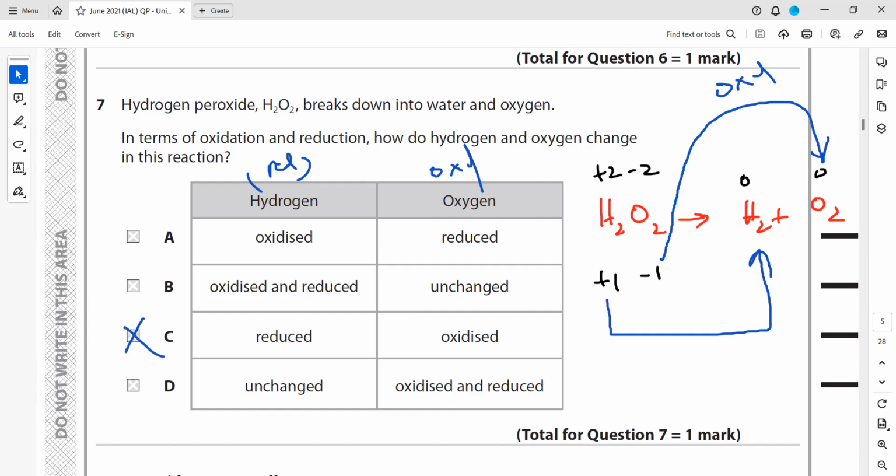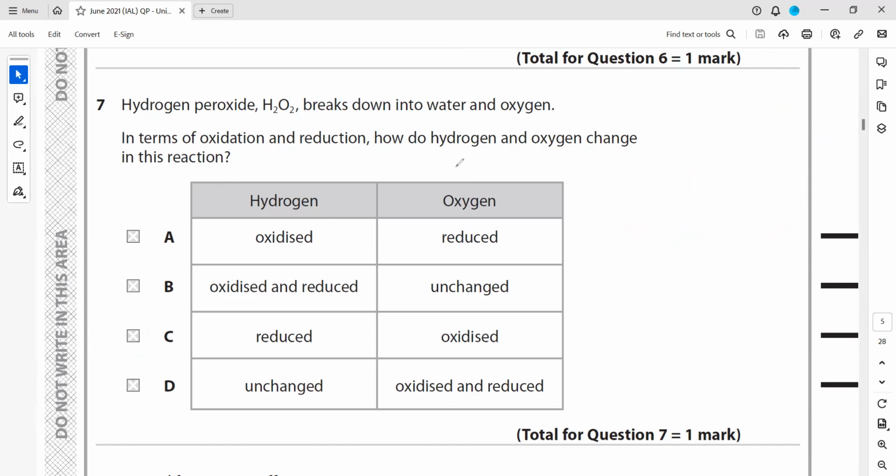Is it clear? This is question 7. No, sorry, I made a mistake.